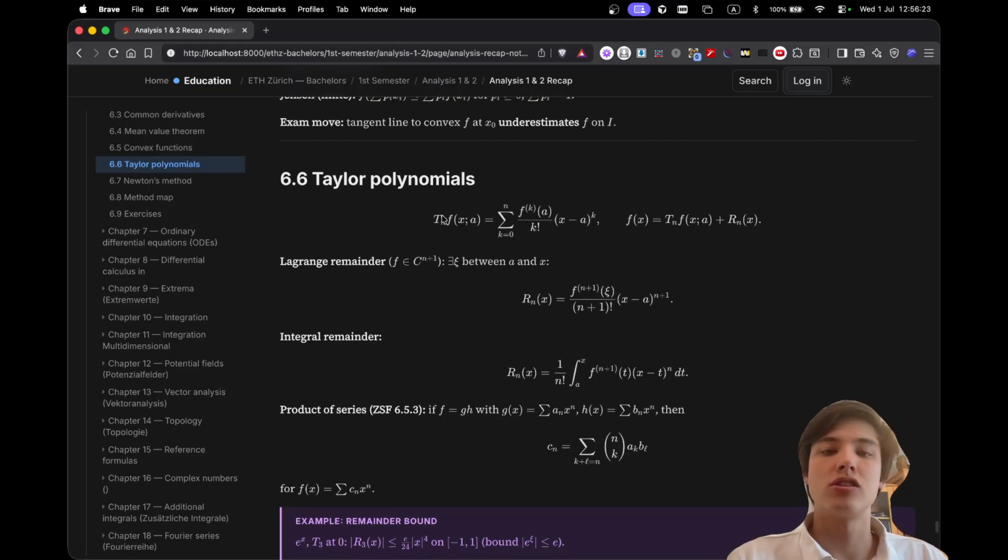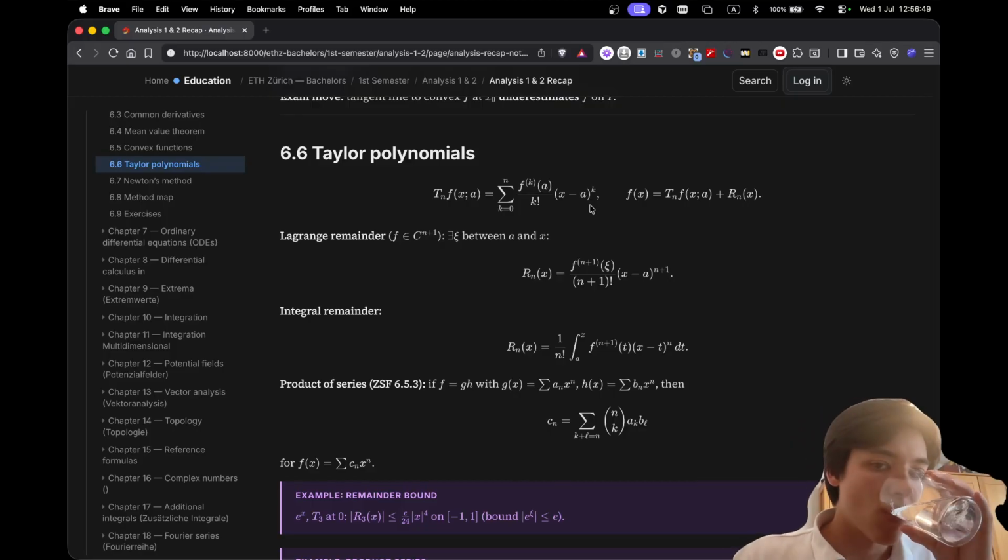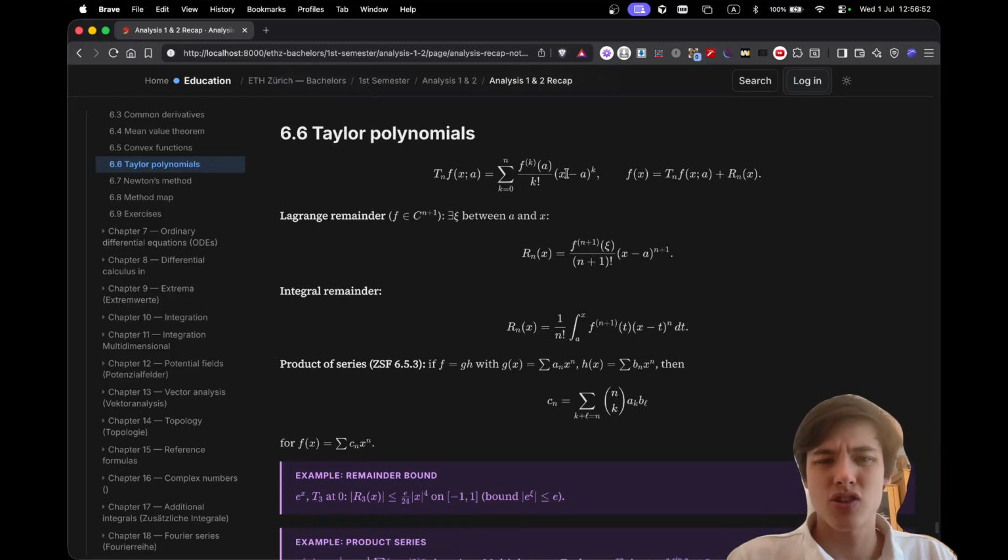Taylor polynomials. This is quite often seen. If we estimate a function around a point a, we can take this formula. We have f of a, the value at that point, plus the derivative times x minus a.